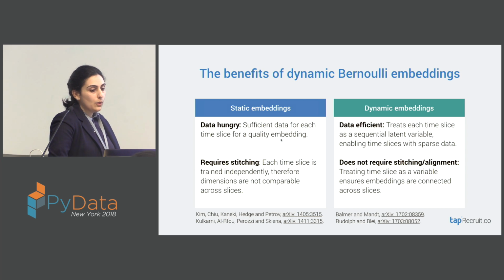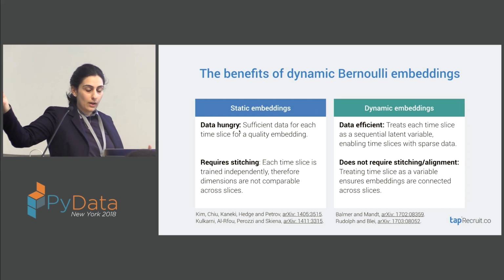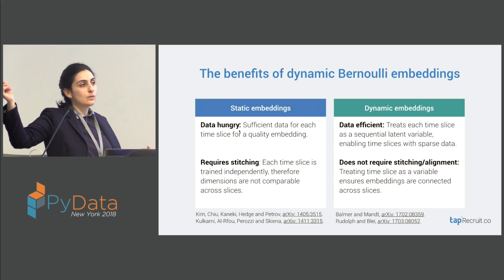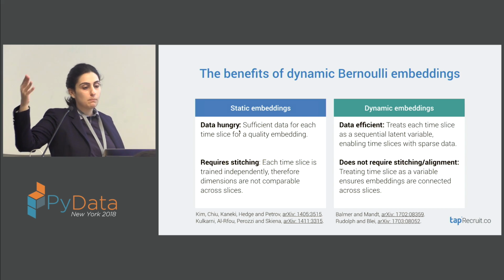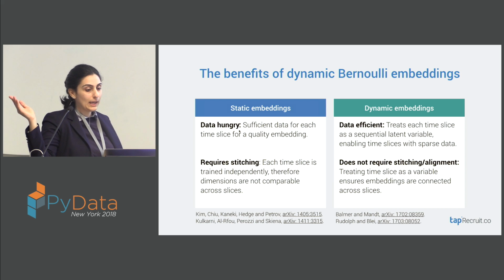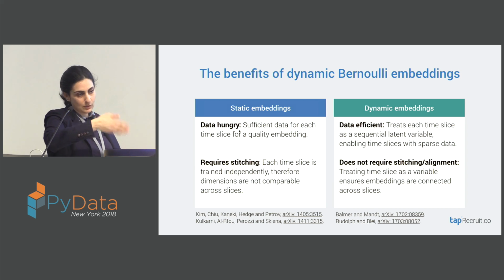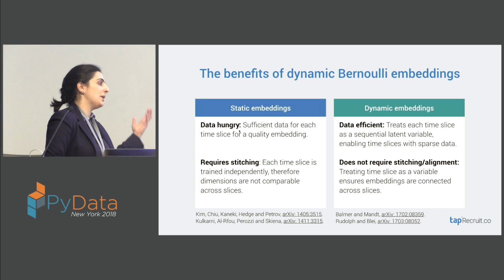First, in terms of data, static embeddings are really data hungry. You're basically training a whole embedding. I showed you before that each pre-trained embedding is millions of words and millions of tokens, right? So you need a really high quality embedding for each of the time slices. You might think, okay, you have 3 time slices, how bad can that be?